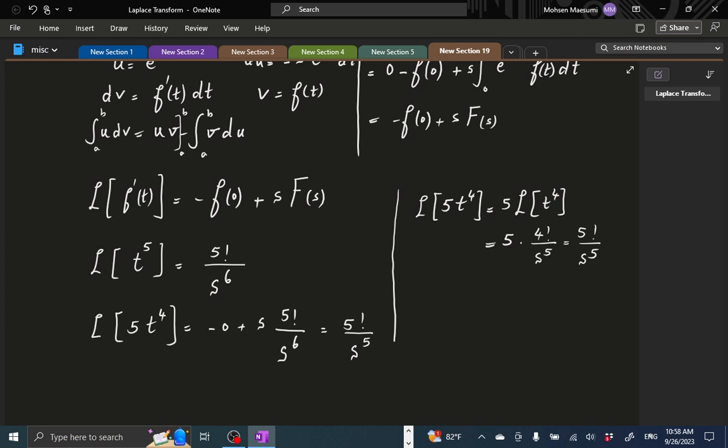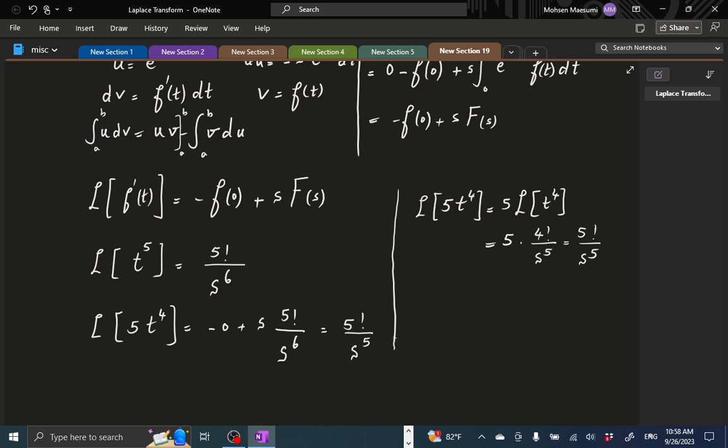So we can do it in this problem two ways and see that the two methods give us the same answer. Now this formula is rarely used for calculating the Laplace transform of some function. Rather, this is used in the context of differential equations.